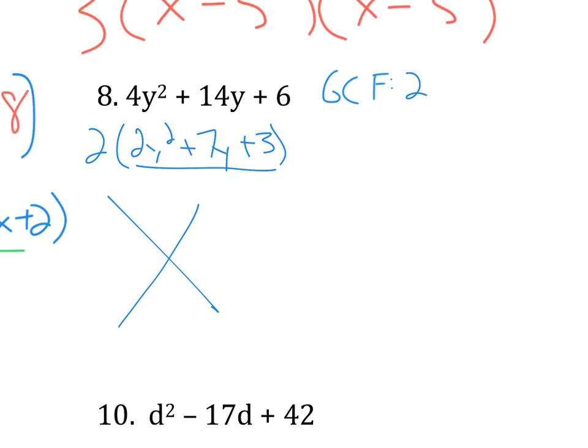My A is 2, my C is 3, so that is 6. My B is 7. Multiplies to 6 and adds to 7 is 1 and 6. So then we get 2y squared plus 1y plus 6y plus 3. And then group.